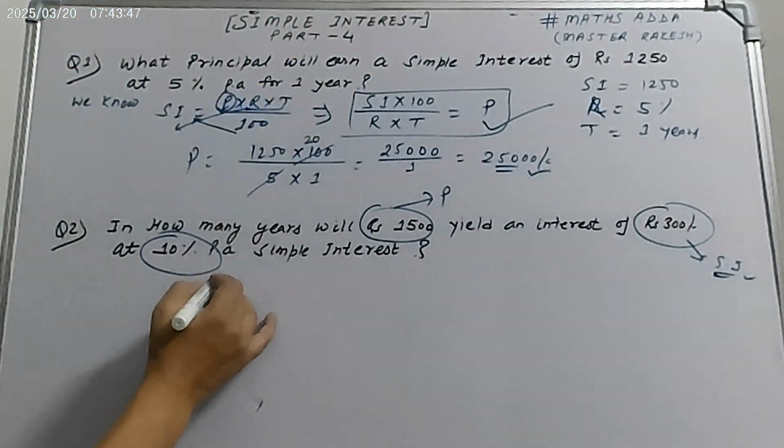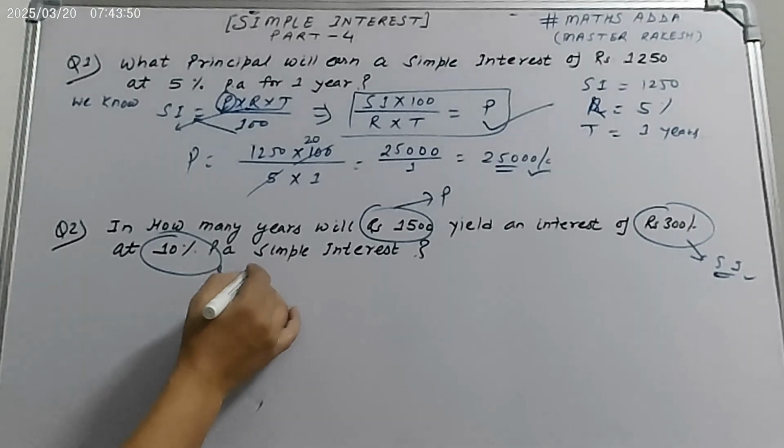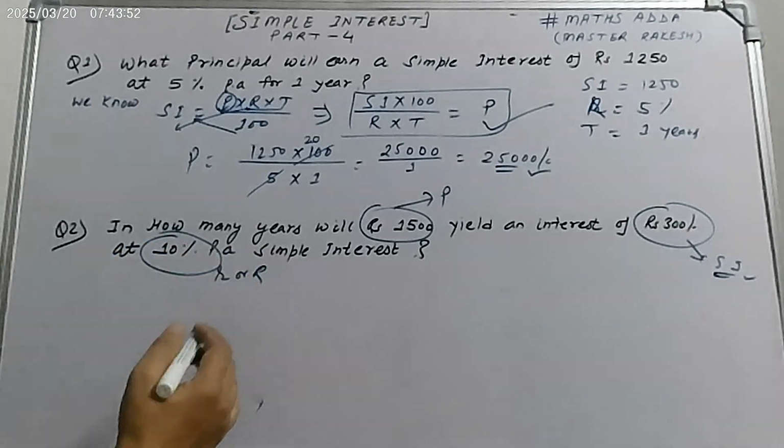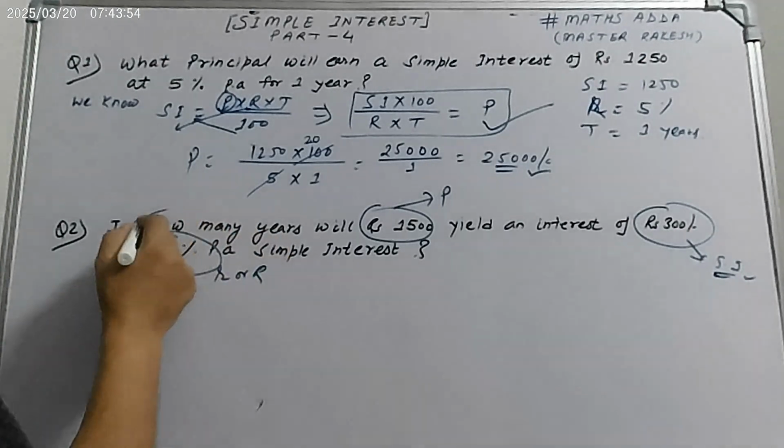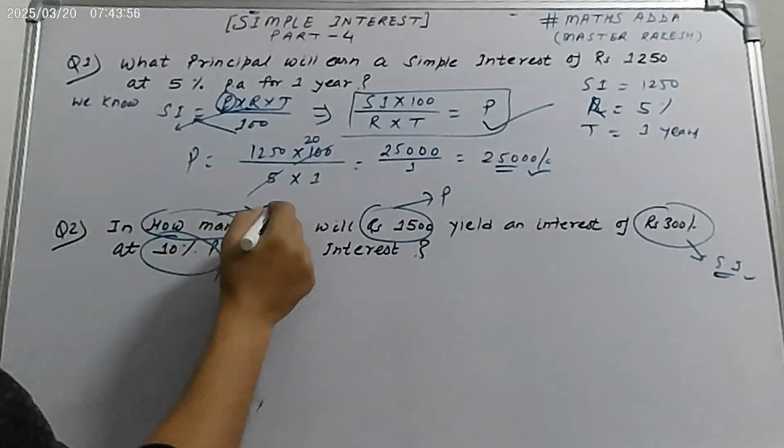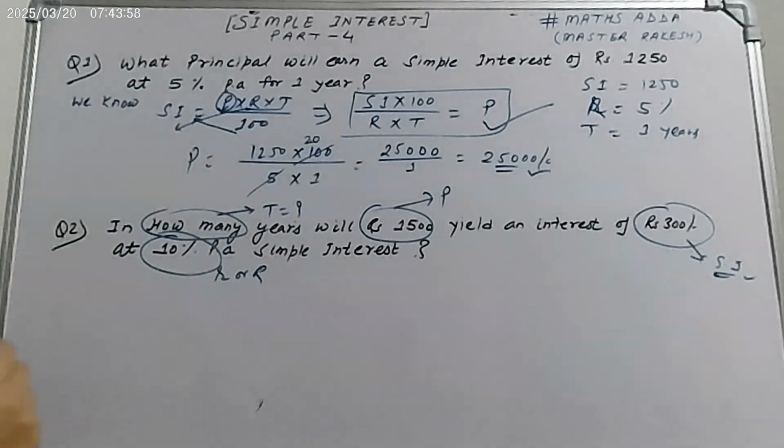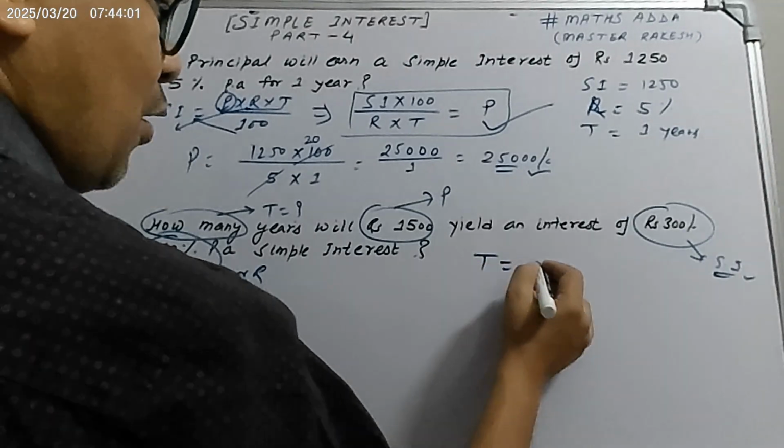On this is R or capital R, whatever it is. So how many years? It means you have to find out the T.